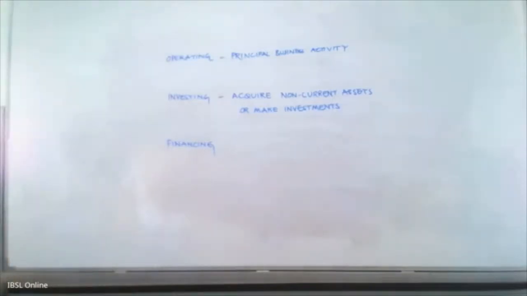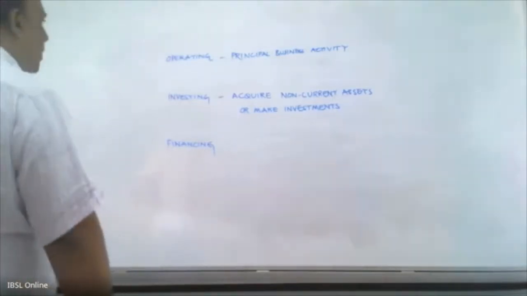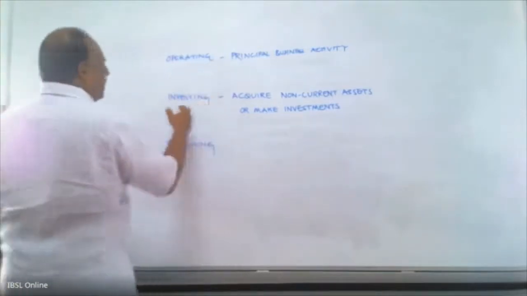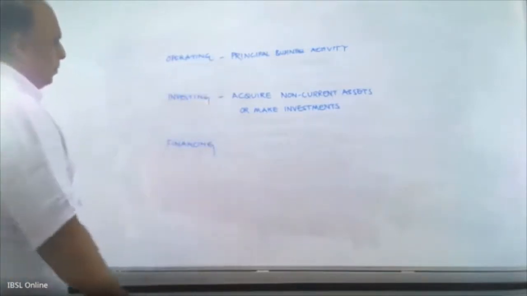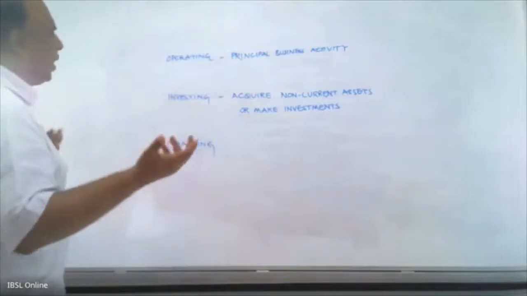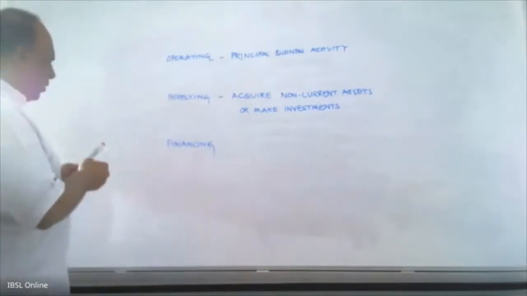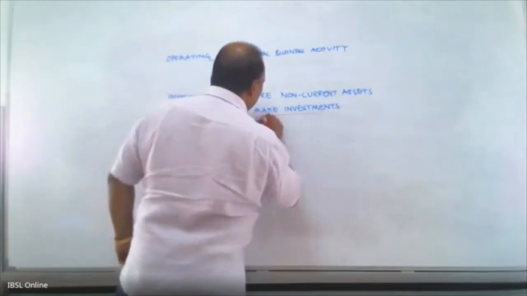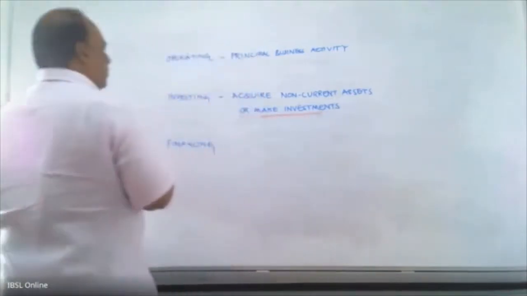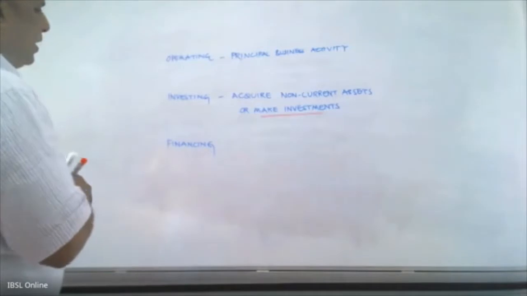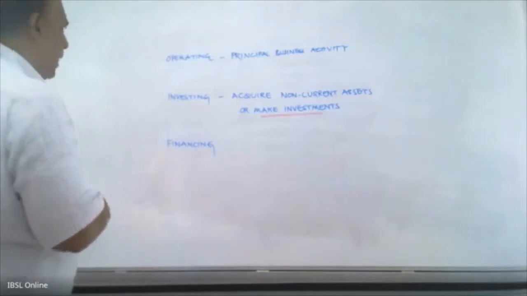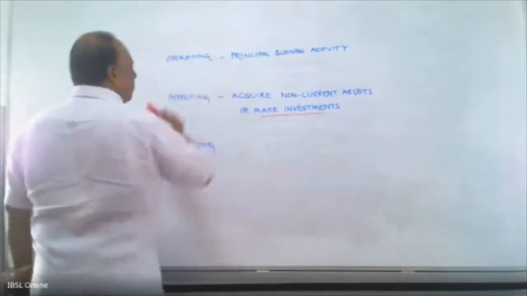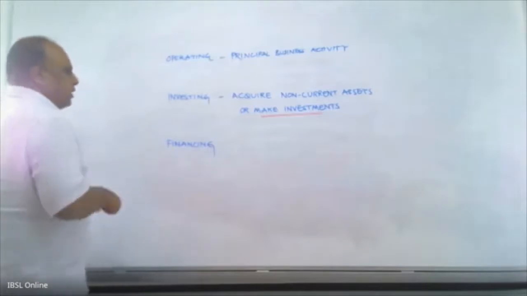And in some instances, due to your operating activities, you might have excess money where you can't do anything. So what can you do? You can go and make investments. Say for example, if you are a bank, you accept deposits, so money comes in.